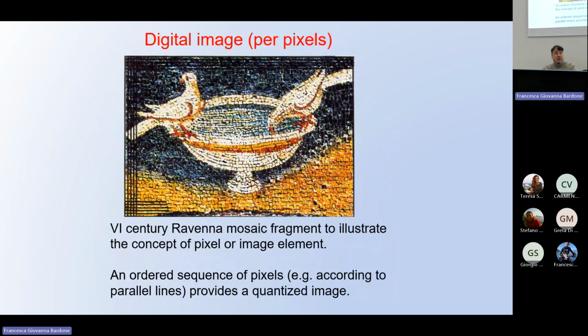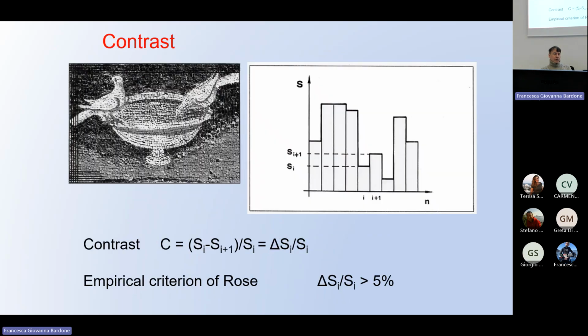Okay, so the image is collected by pixel, as in a mosaic. Now we have to define what contrast is. The contrast is a physical quantity which tells you when you can discriminate two different objects as a function of a detected signal.